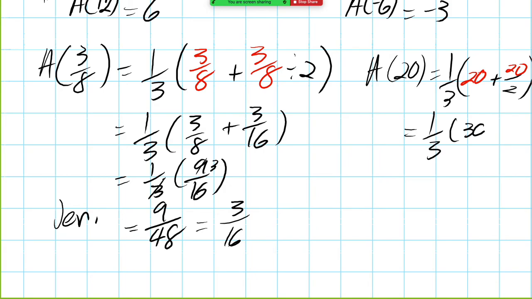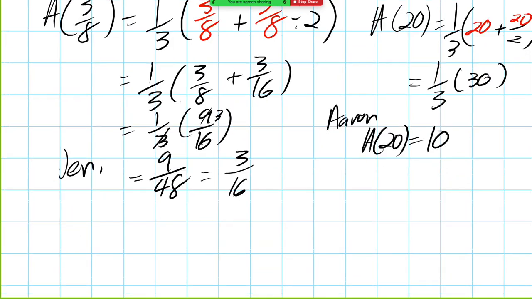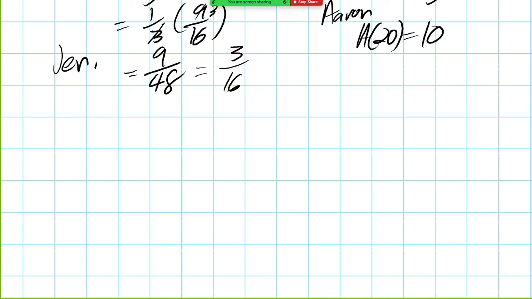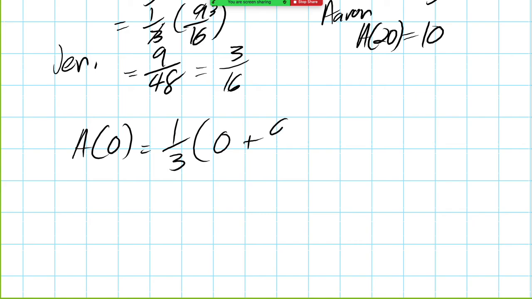This will become 30, which will become 10. Yeah, 20 works out. Aaron's answer. And finally, I think Spencer was the last person. And they had A at 0. At 1/3, 0 plus 0 over 2. And right away, we're going to see, I think we're going to end up with 0. Because we get 0, yep, and they are 0 themselves.